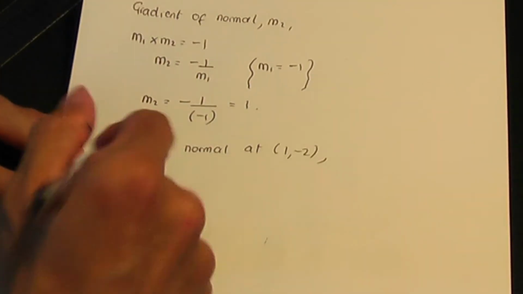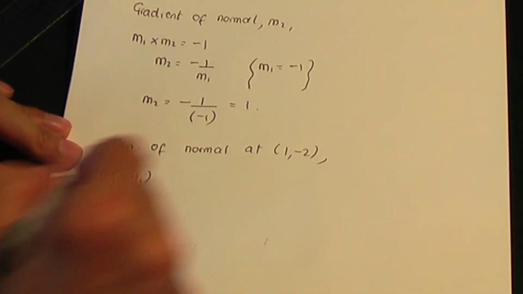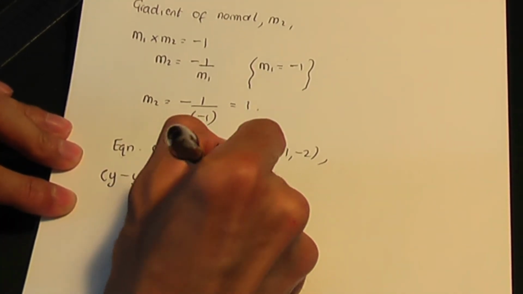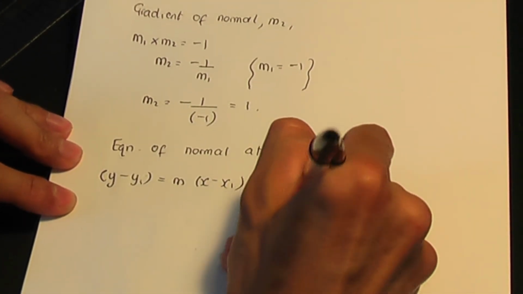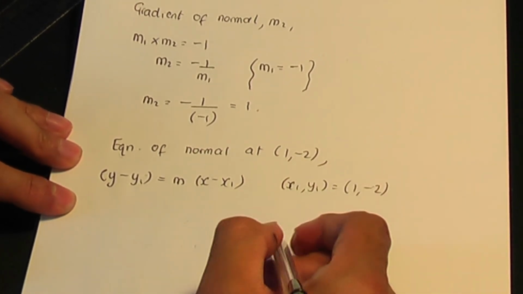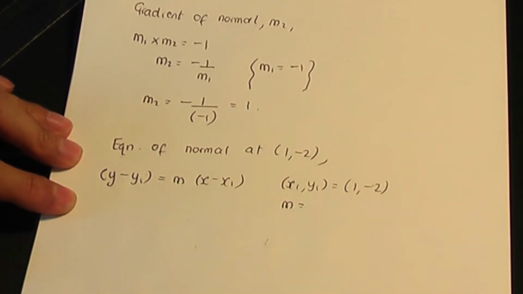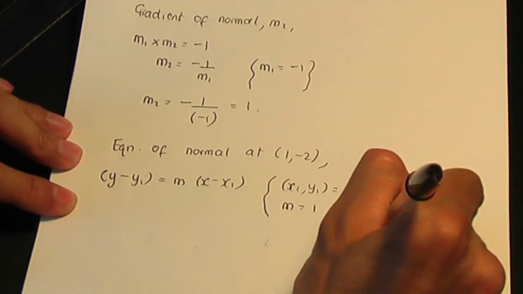Since the normal is a straight line, let's use the formula y minus y1 equals m into x minus x1. So x1 and y1 are the coordinates 1, minus 2, and m is the gradient of the normal, which is 1 from our previous step.